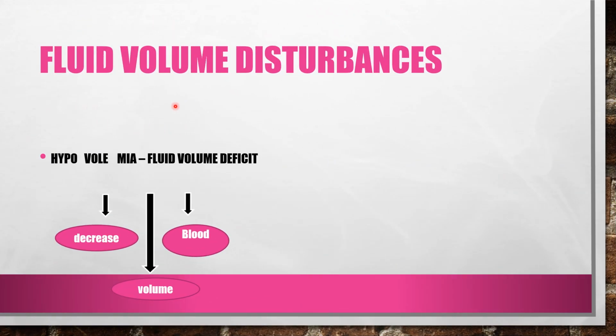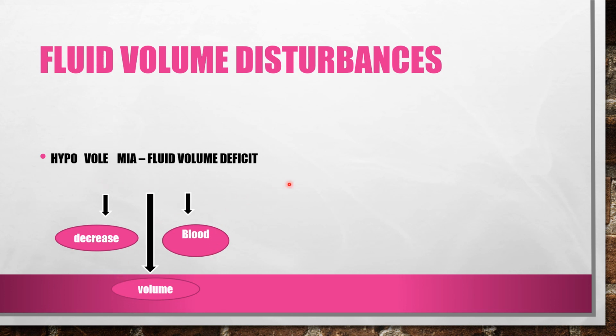The next one is fluid volume disturbances. Here, in fluid volume disturbances, a lot of conditions are there, such as hypovolemia and hypervolemia. Here I have mentioned hypovolemia. Hypo means decreased, vol means volume, and emia means blood. That is decreased blood volume.